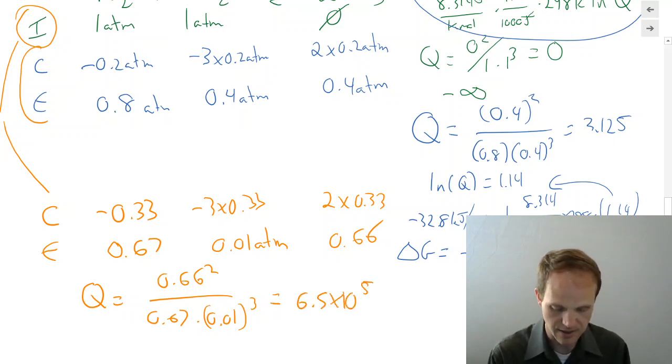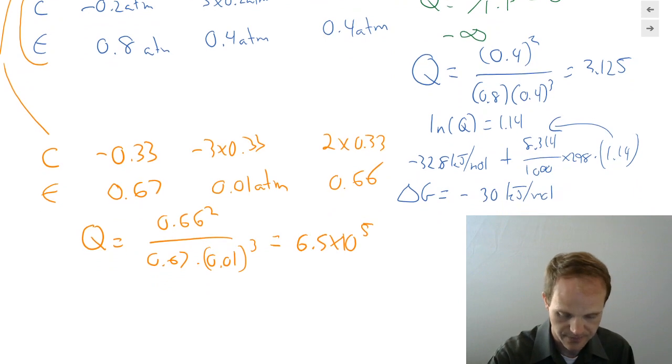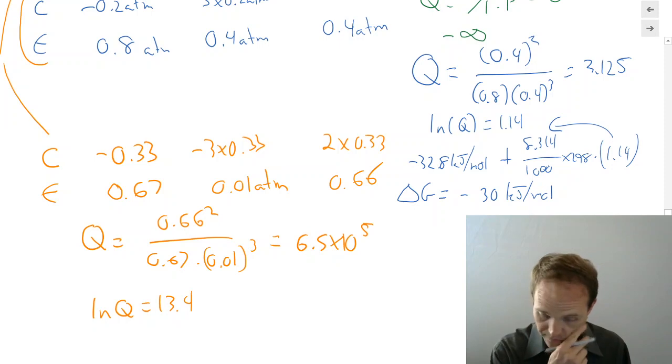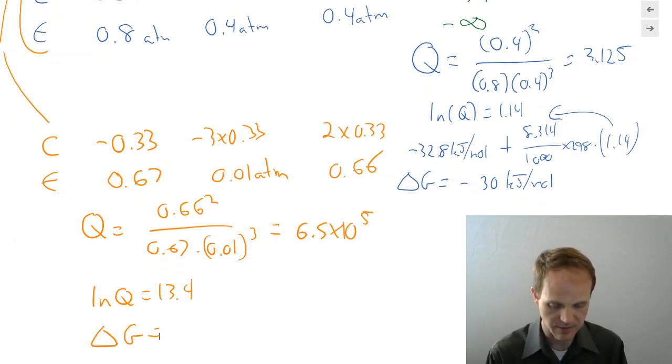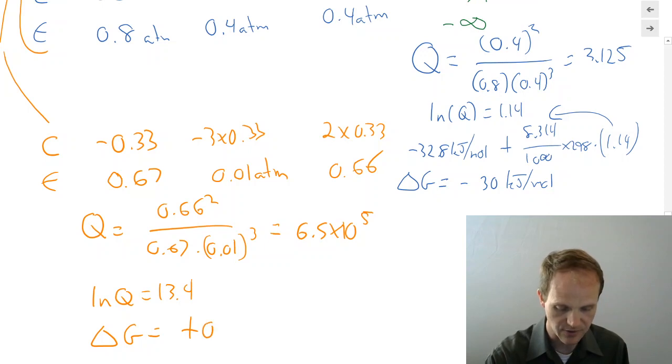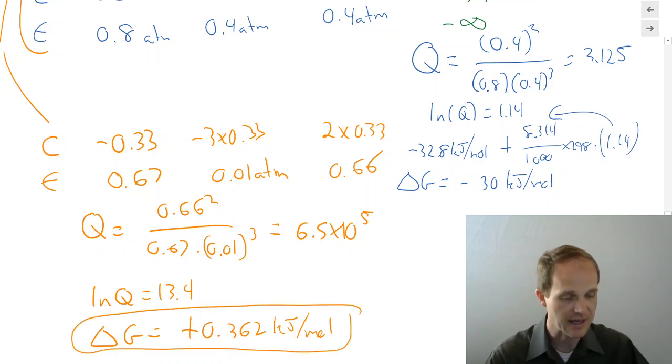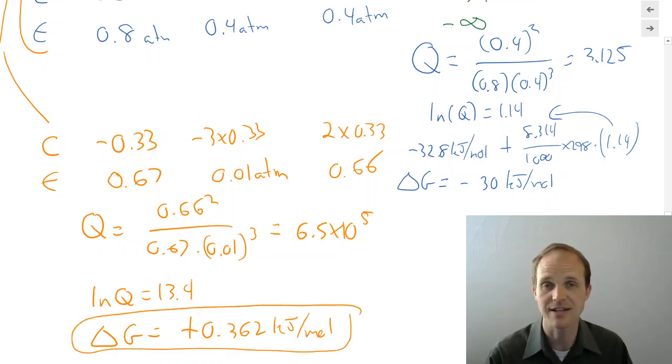The natural log of that is 13.4. And if you plug that in, you're going to get that delta G is minus 32.8 plus 8.314 divided by 1,000 times 298 times that answer, and we get a positive 0.362 kilojoules per mole. Okay, and again, without that little circle there, because we're not at standard conditions.